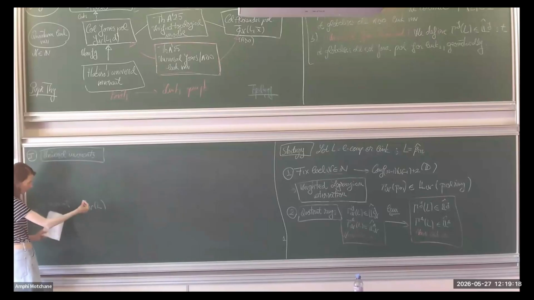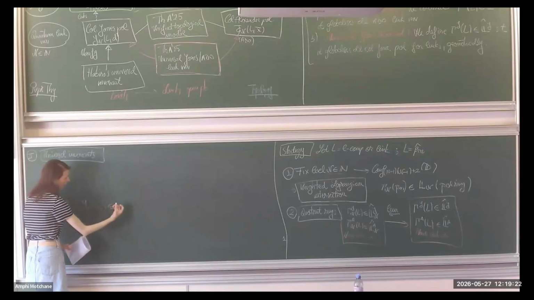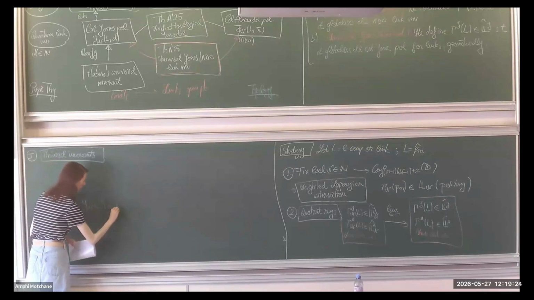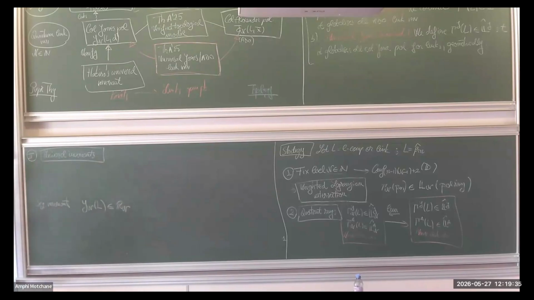But the idea is that we fix a sequence, and each invariant lives in a ring, let's say Rn. And then these rings can vary as you vary n. It wasn't the case for Jones polynomials, but it's the case for Alexander polynomials, for example.